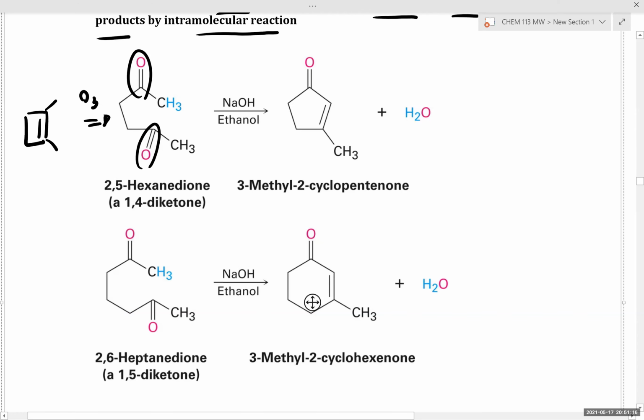Does this general idea that intramolecular aldol reactions can be used to prepare cyclic enones make sense to everyone? This is an important pattern recognition sequence. If you see a cyclic enone, you may want to think intramolecular aldol. Does that idea make sense?